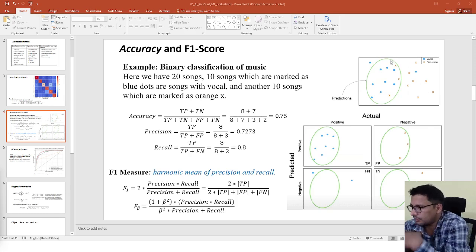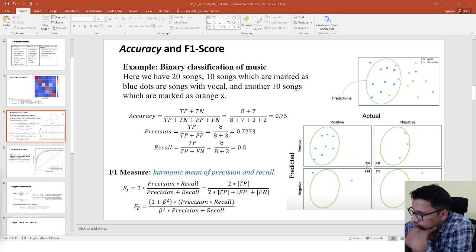So after training, our model makes a prediction. This is our classification boundary, and inside this boundary all the samples are treated as vocal, and outside this boundary are treated as non-vocal, right?